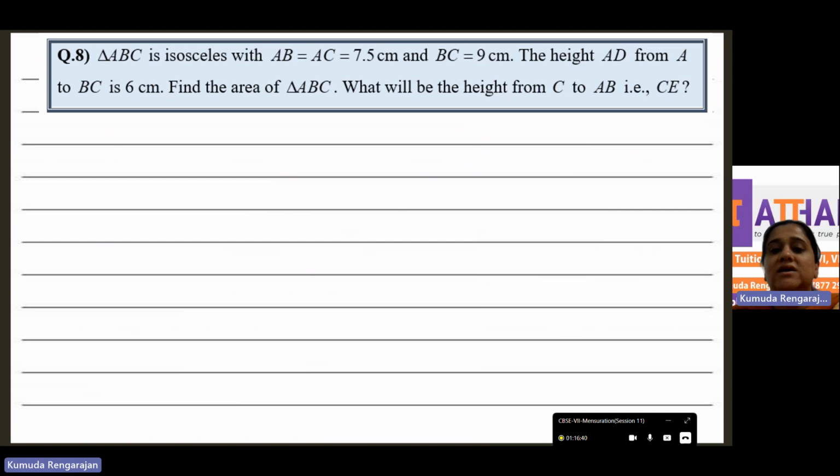That is CE. The height from C to AB is nothing but CE. No, you have one more question. Done writing this one, all of you?